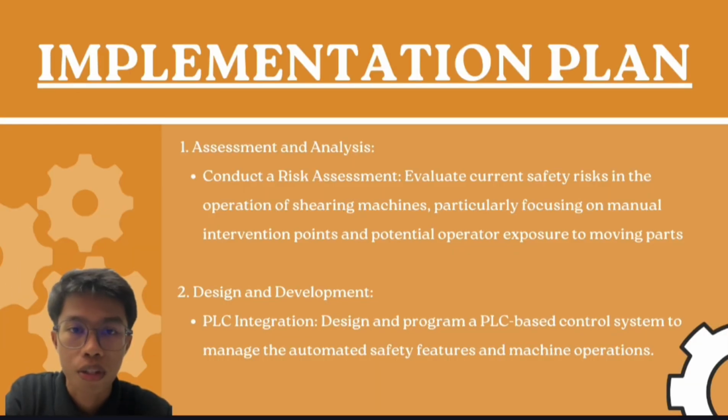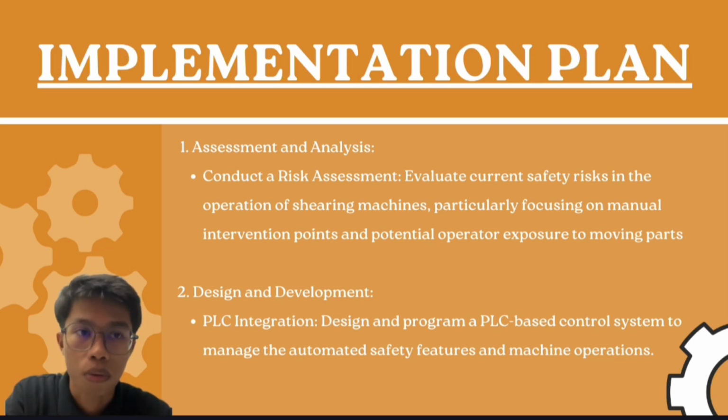Next, implementation plan. First, assessment and analysis. Conduct a risk assessment. Evaluate current safety risks in the operation of shearing machines, particularly focusing on manual intervention points and potential operator exposure to moving parts. Second, design and development. PLC integration.